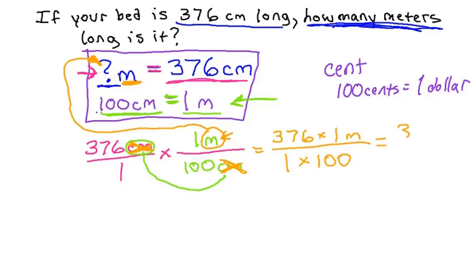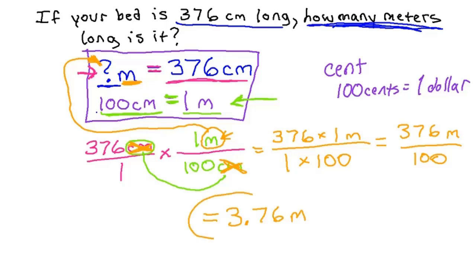So that means 376 meters over 100. And if you take your calculator and you divide 376 by 100, you're going to end up getting 3.76 meters. So if your bed is 376 centimeters long, it's going to be 3.76 meters long.